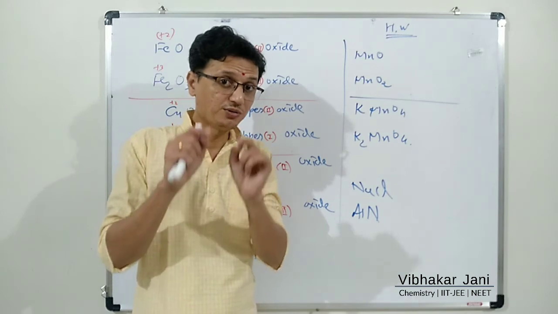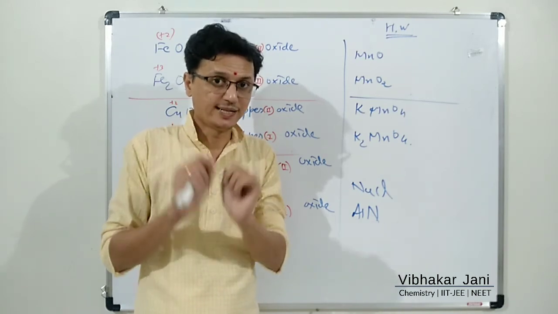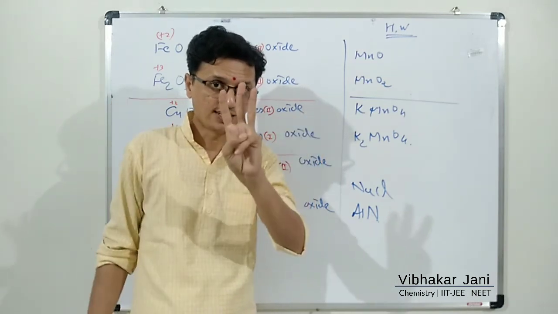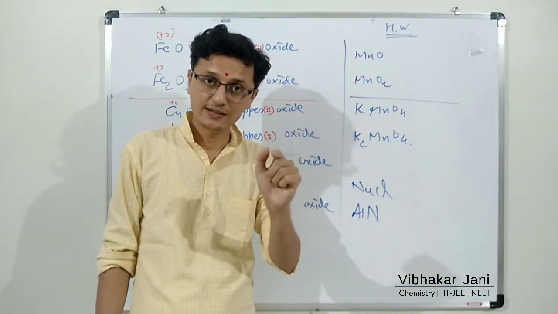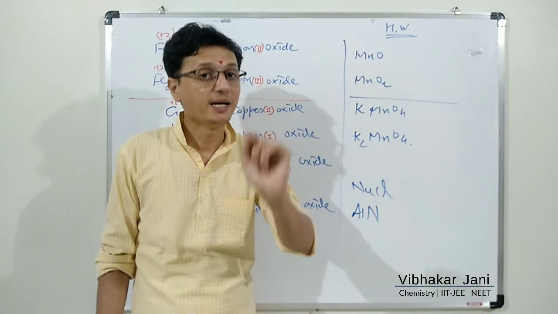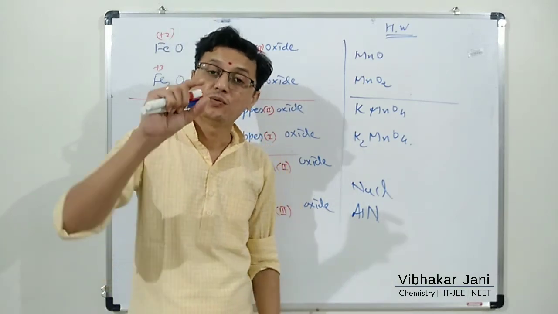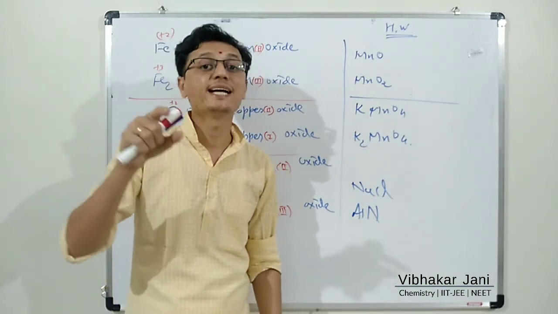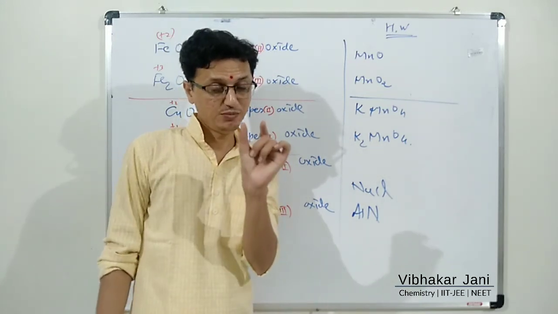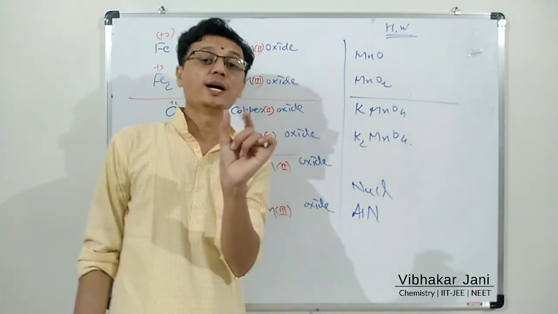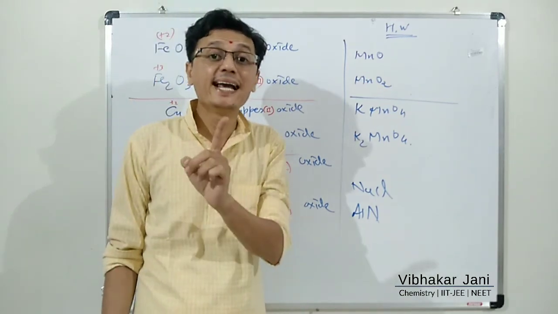Now, just write down that rule also. The rule says, if there are three elements and the last element is oxygen, then if you want to give the name of that compound, the name of first element will be as it is, but after writing the name of second element, you have to add the suffix ate.